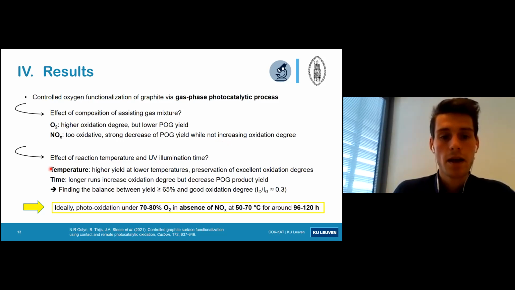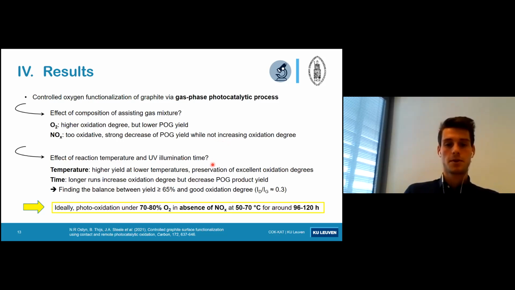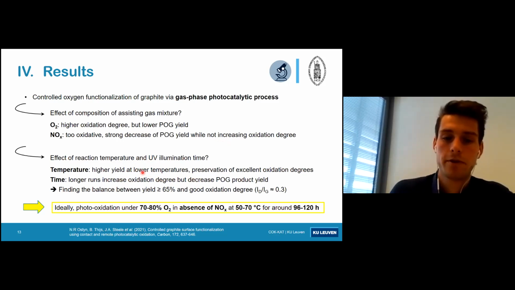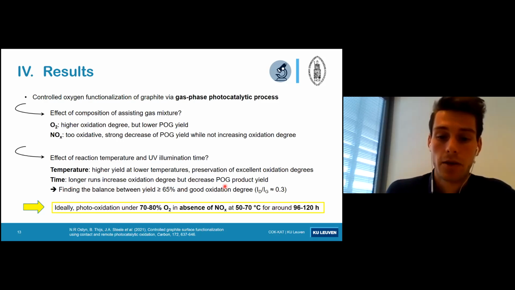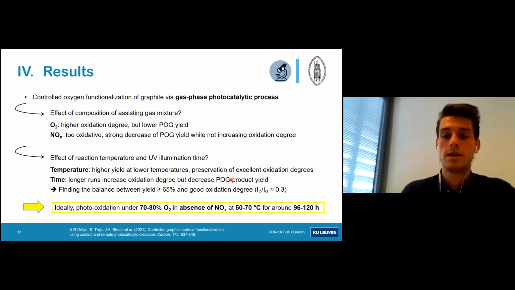Also, the effect of reaction temperature and UV illumination was tested. The yield is higher at lower temperatures, so this was very interesting. Also, at these lower temperatures, we had preservation of excellent oxidation degrees, so this was a very nice result. Also, the time was investigated and shows a strong effect on oxidation degree, but it also decreases the yield.